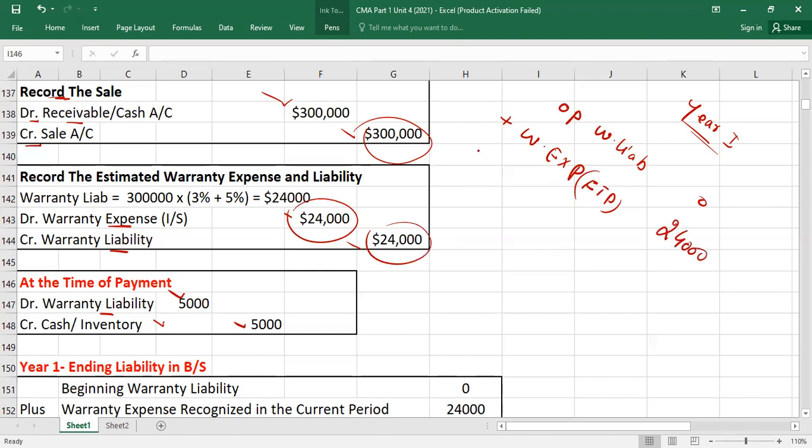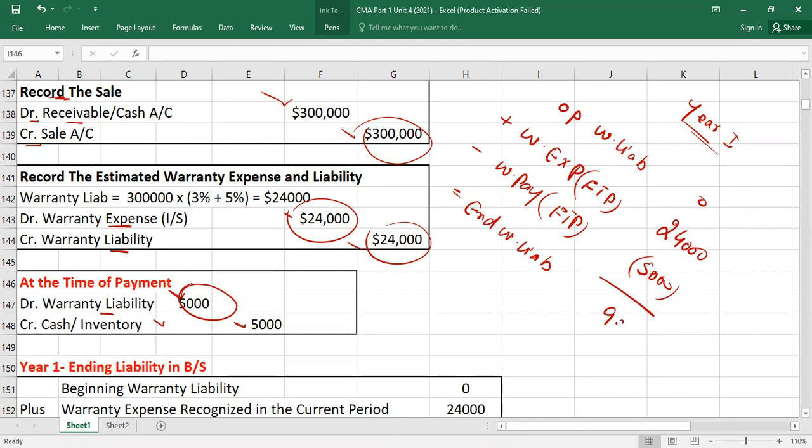Then you have to deduct what? Warranty payments for the period, which is how much? 5,000, because you have made payments 5,000, right? Liability is debit here. So this will be your ending balance. How much ending balance? Ending warranty liability of 19,000.